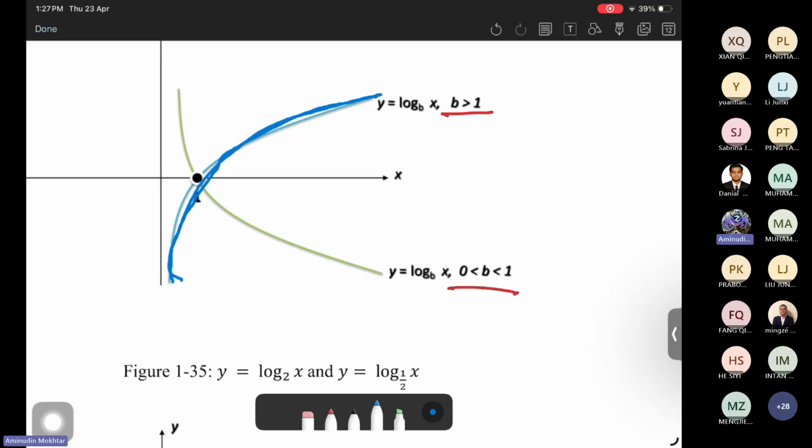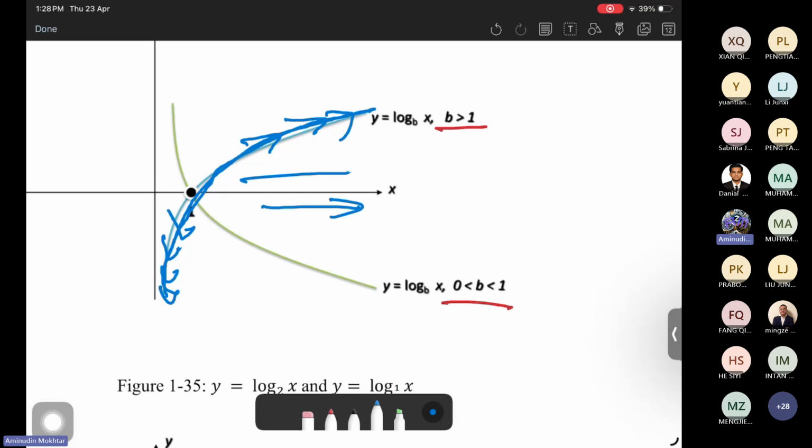In other words, if the value of x increases, the value of y also increases. But if the value of x decreases, the value of y will also decrease and get close to the y-axis, close to negative infinity.